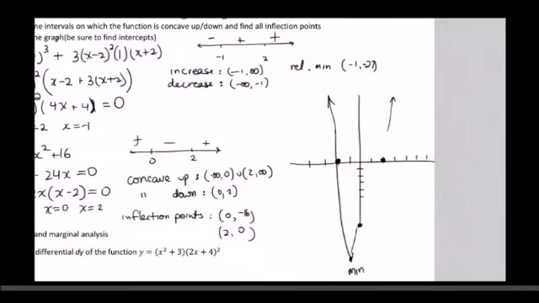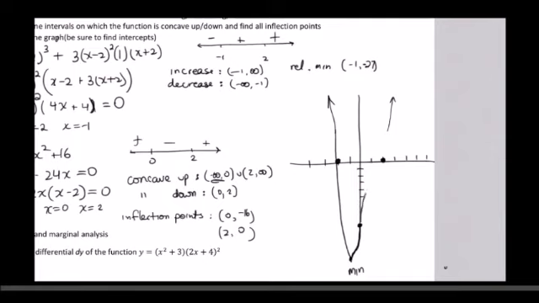Does that just mean it's a straight shot? No, because we have some inflection points and concavity to consider. It needs to be concave up from -infinity to 0. So we're concave up there. Then it switches to concave down.